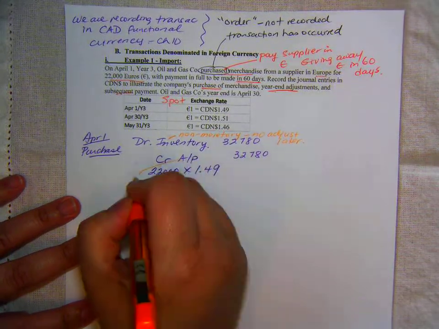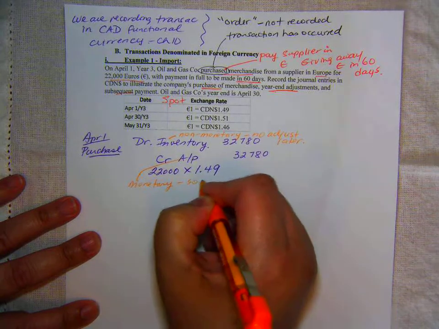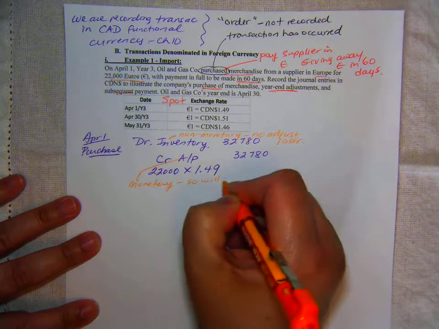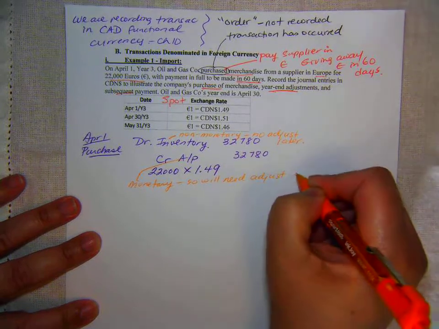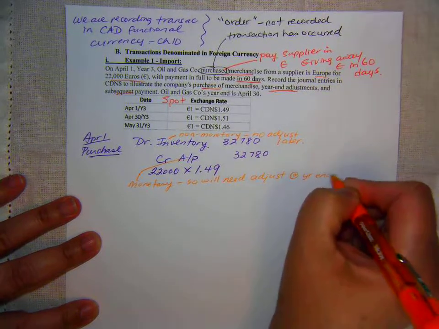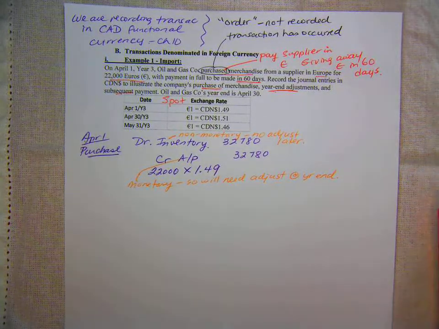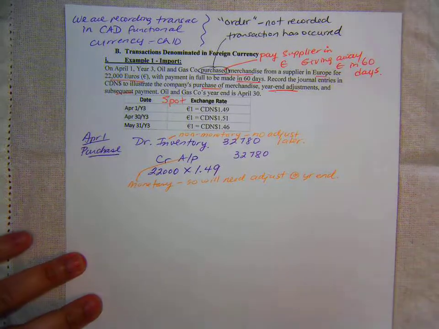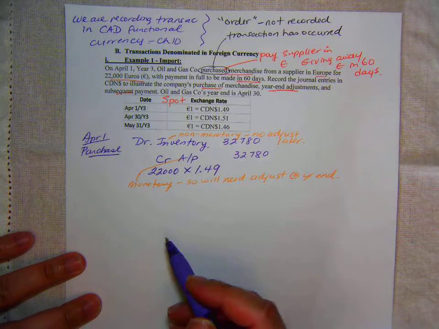AP, on the other hand, is monetary. So it will need to be adjusted at year end. Okay? Remember, if you do have questions, just email me.